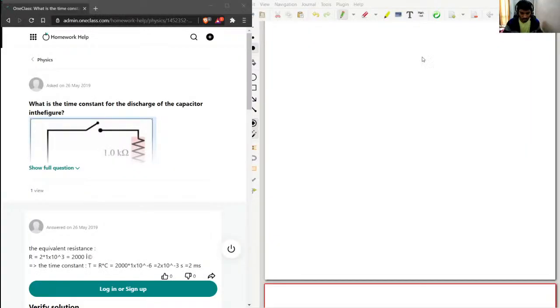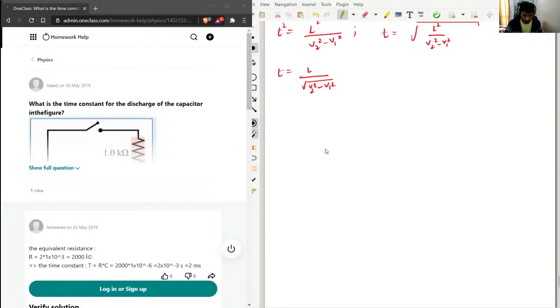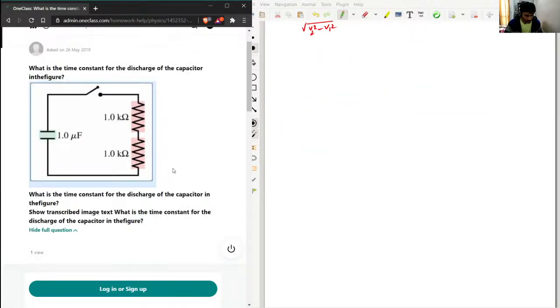Yep, so this was question 4, and we'll see the solution. So question number 4. What is the time constant for the discharge of the capacitor in the figure? We have two resistances in series, and again this is repeating the same question again and again.